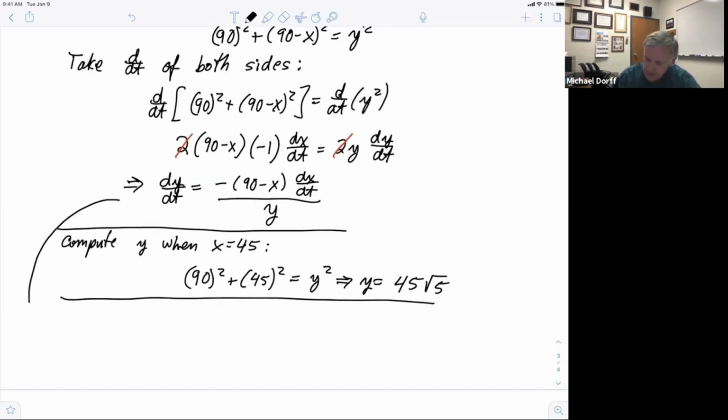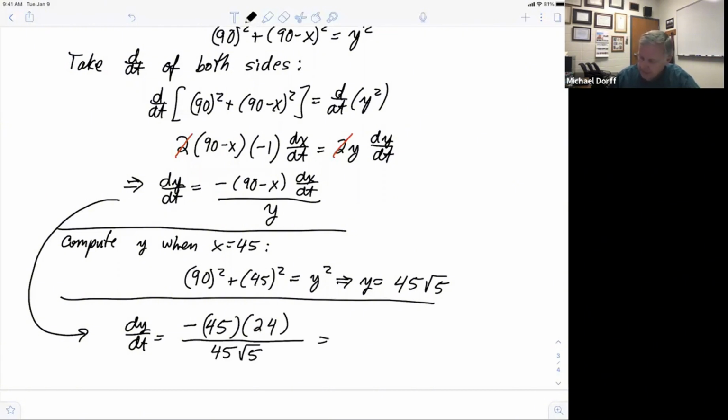Then going back here, I've got dy/dt equals negative 90 minus 45, so I'm going to get 45. And the dx/dt, we were told, was 24 feet per second, divided by 45 square root of 5. All right, then the 45s cancel each other out, and we get negative 24 over square root of 5.